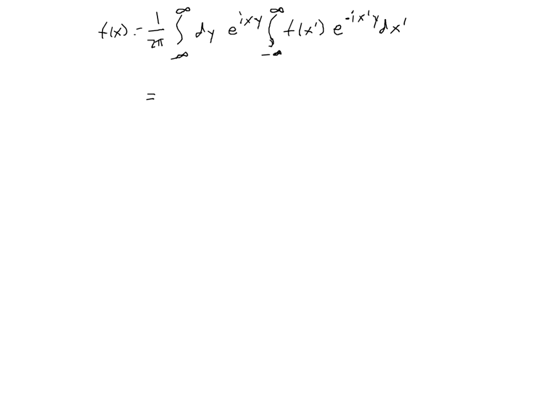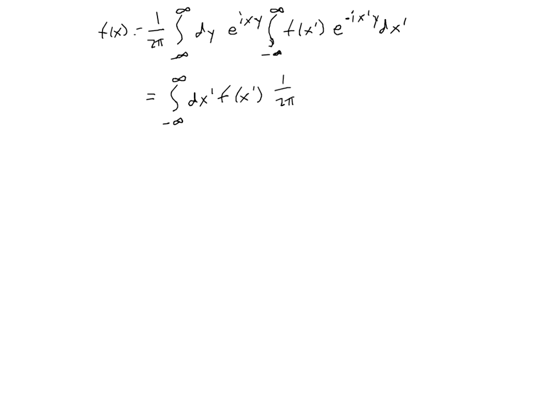So I'm going to take the x prime integral and move it out front. And so I have the integral from minus infinity to infinity of dx prime f of x prime. So that's the only thing affected by it.